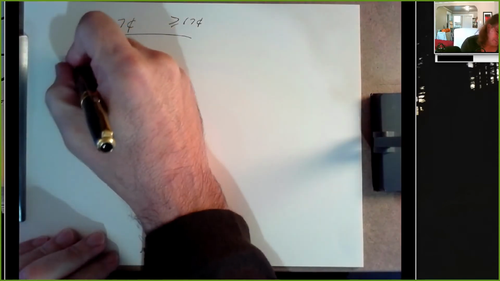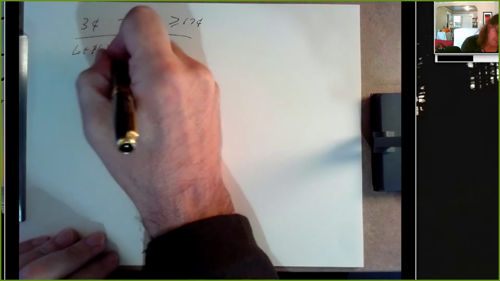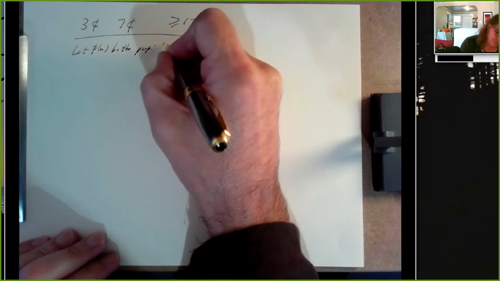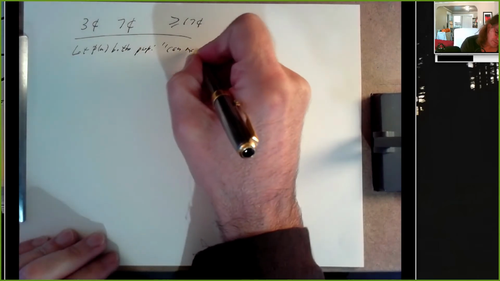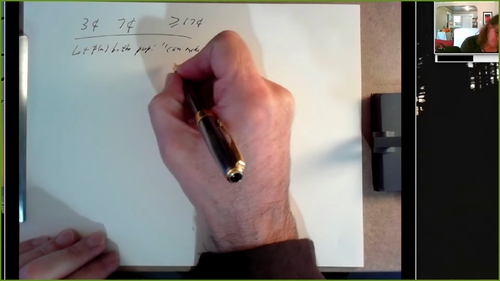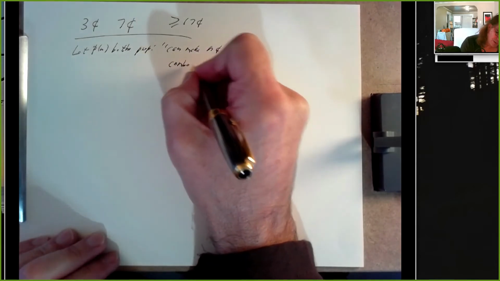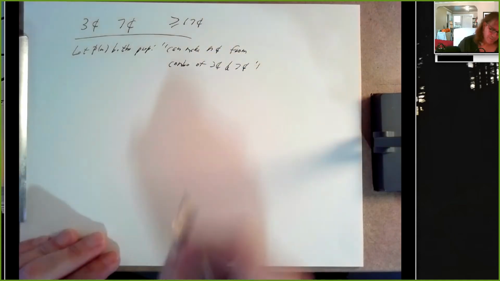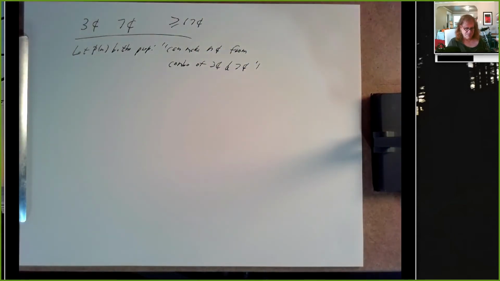So let P of n be the proposition: can make n cents from a combo of 3 cents and 7 cents. That's a horribly worded proposition, but hopefully you know what I mean, right? So P of n is the proposition that we can make n cents postage using some number of 3 cent and 7 cent stamps.